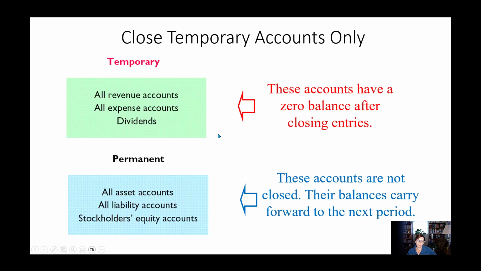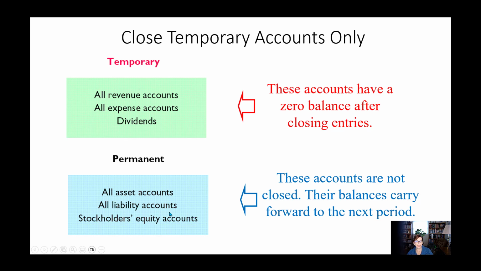All right, so all temporary accounts, which are revenues, expenses, and dividends, have a zero balance, and those get closed at the end of the closing entry process. Okay, so we're going to close revenue, expenses, and dividends. They're all going to have a zero balance. Our permanent accounts, which are our assets, our liabilities, and our common stock, are not going to get closed.